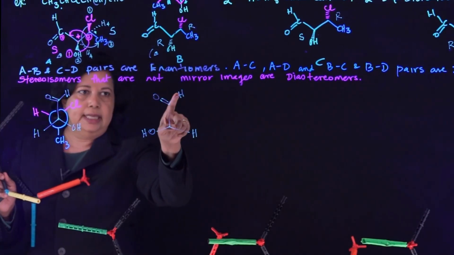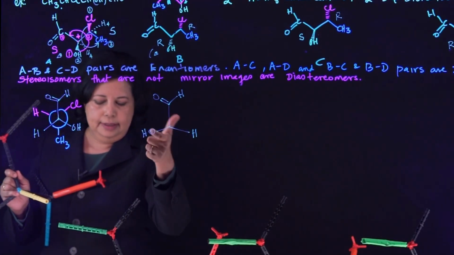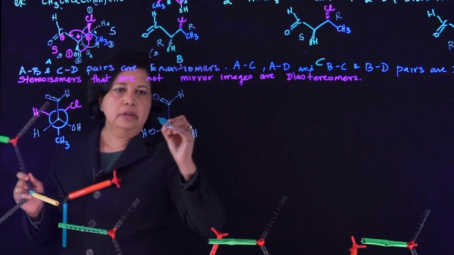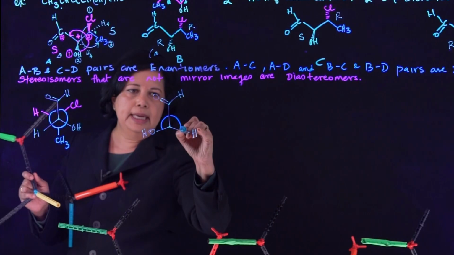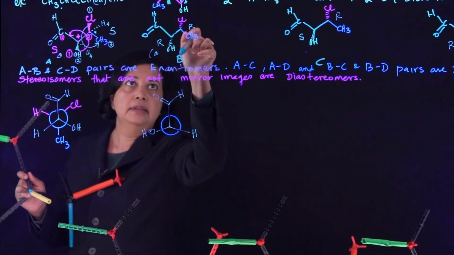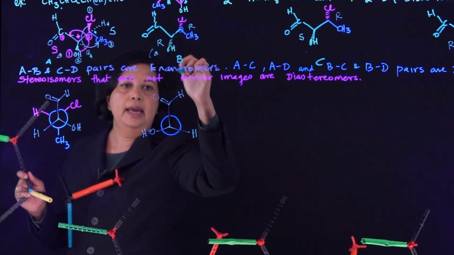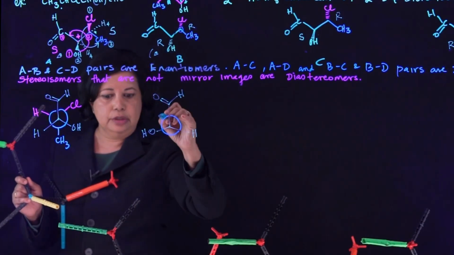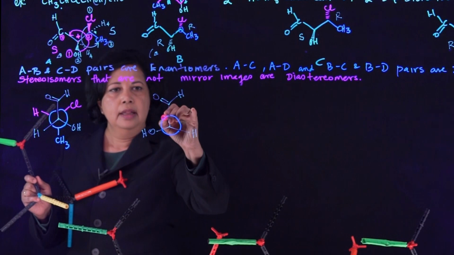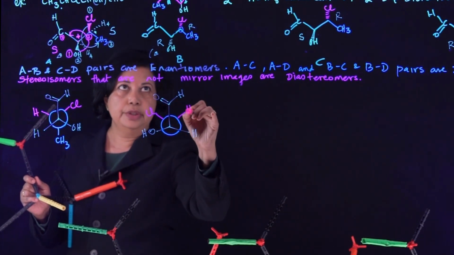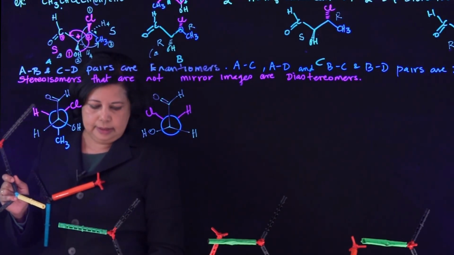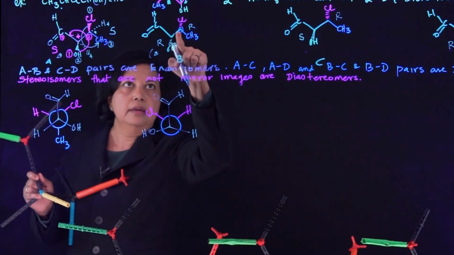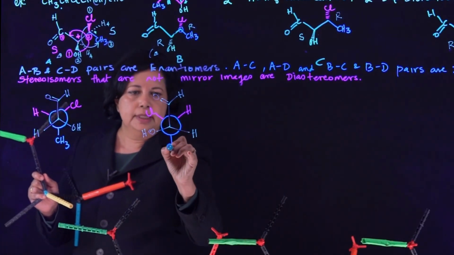Well, we won't change the others, only this is being reflected. Now over here, you would have the back carbon as a circle, and you would have your chlorine on the same side as the hydroxyl. Hydrogen on the opposite side, because that's going to be on the wedge there, and your methyl.